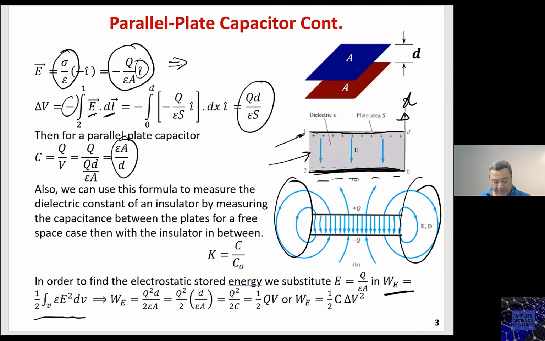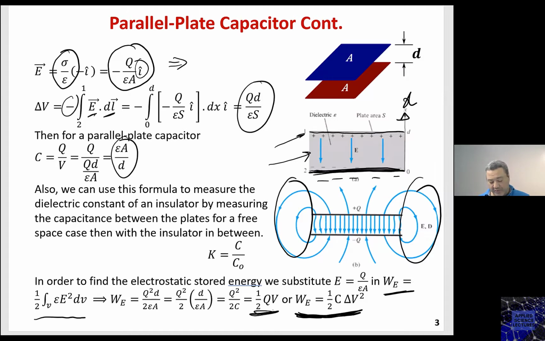At the end, this energy is basically calculated by taking out the electric field because it's uniform, the volume, which is A times d, then I can substitute d over epsilon A with V over Q, simplify it to get the energy stored in the capacitor to be half QV, or if you substitute Q with its equivalent, you can get the energy as half C potential difference squared.